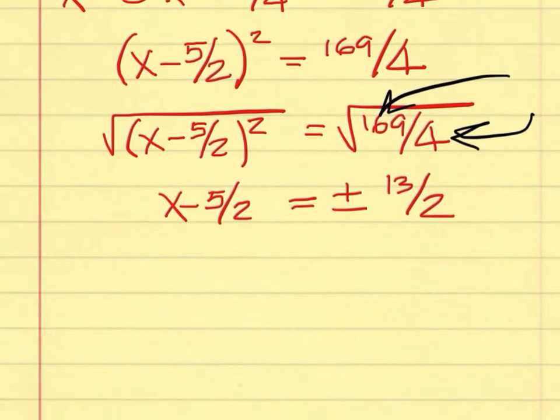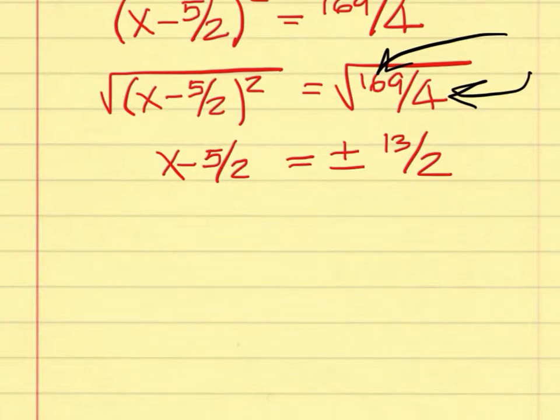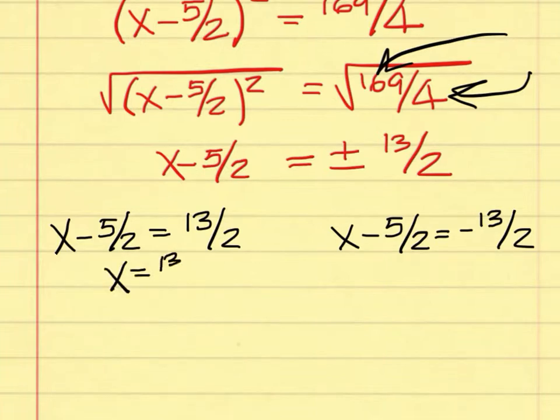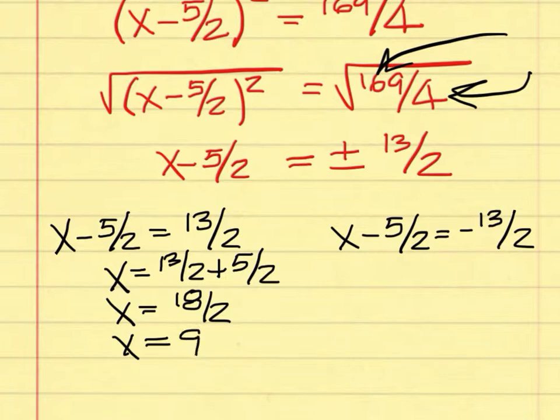Once you make it to this point, you have two equations to solve. x minus 5 over 2 equals 13 over 2. And x minus 5 over 2 equals a negative 13 over 2. On the left-hand side, 13 over 2 plus 5 over 2 is 18 over 2, which simplifies to 9.